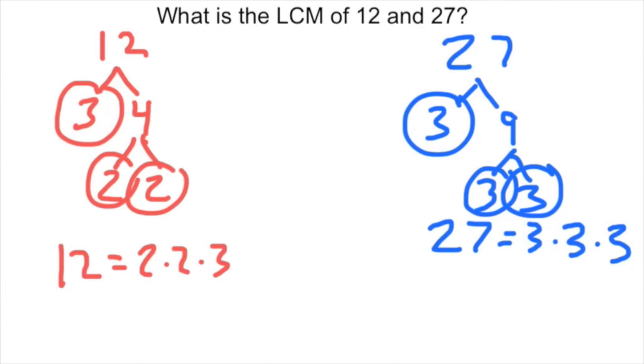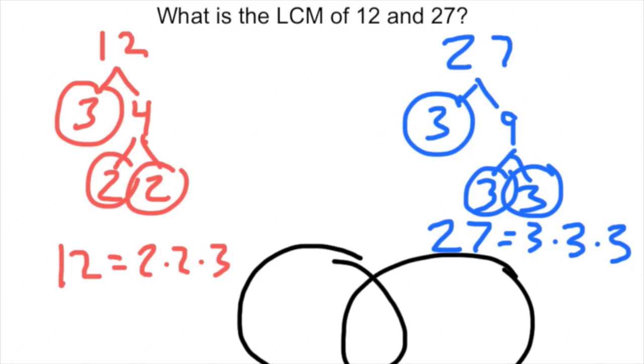Now to finish and find the least common multiple, you can use a Venn diagram. 2 overlapping circles. This left circle is going to be for the number 12. The right circle is going to be for 27.